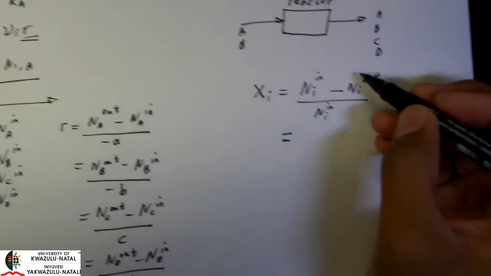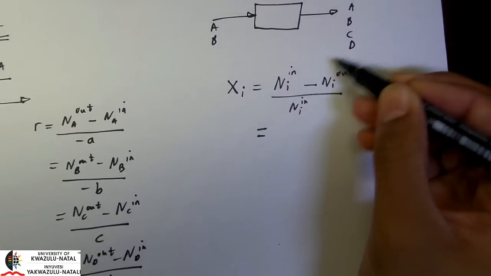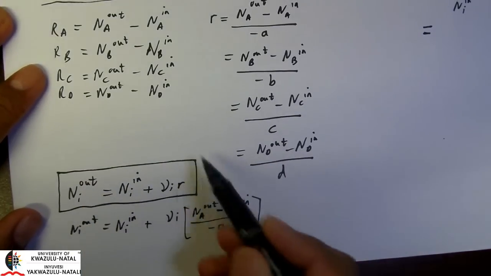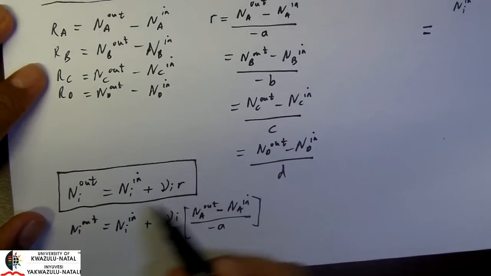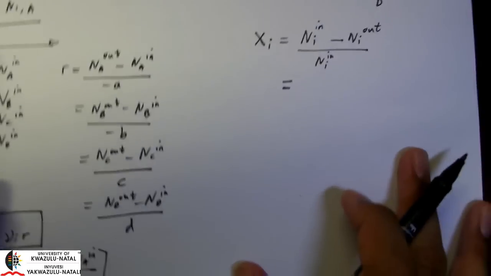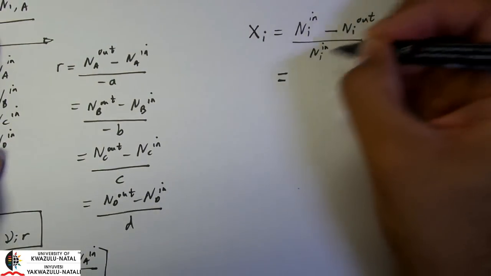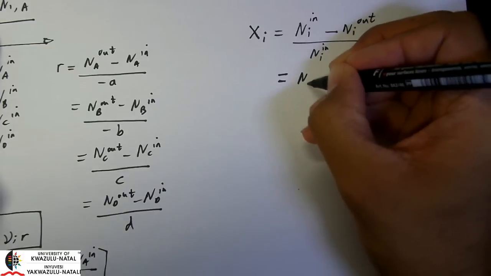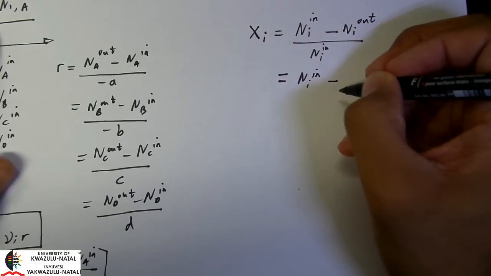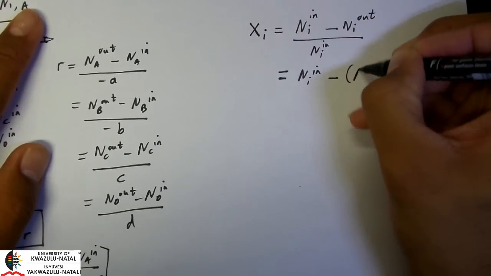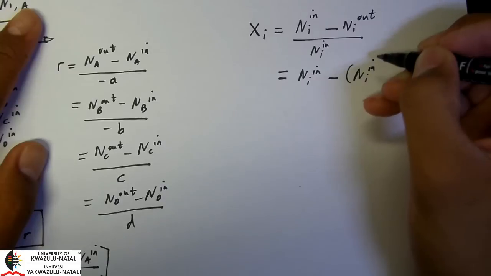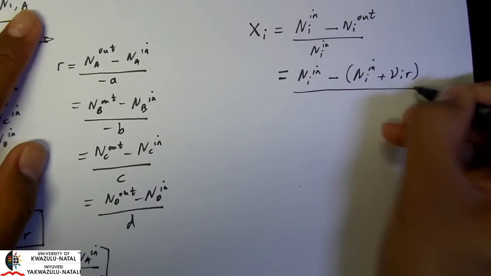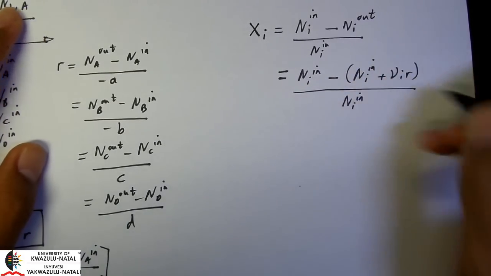We can express our output flow rate in terms of this form here, or in terms of this form here, and ultimately we can see that this expression can look like Ni in minus (Ni in plus vi R) over Ni in.